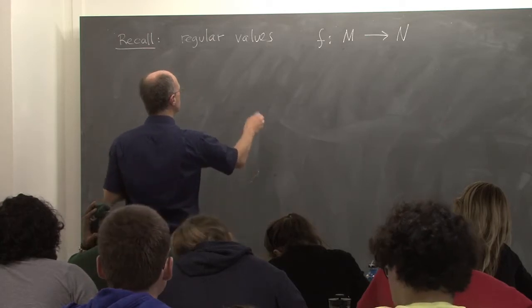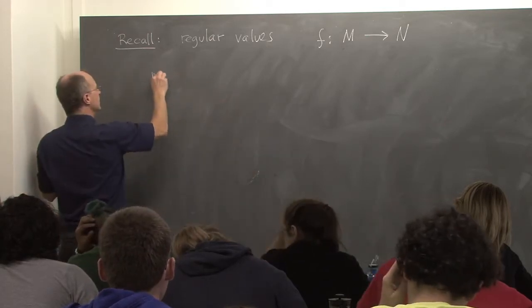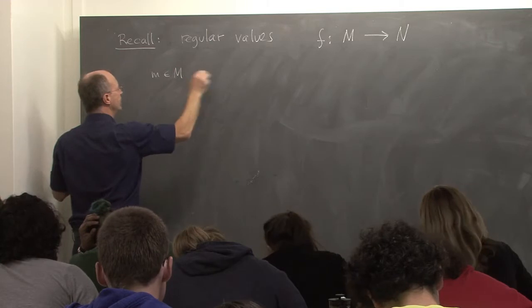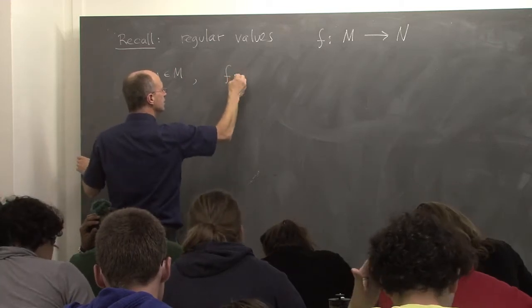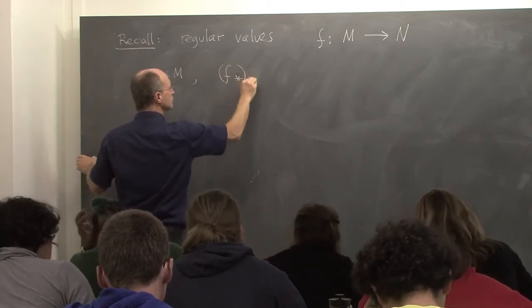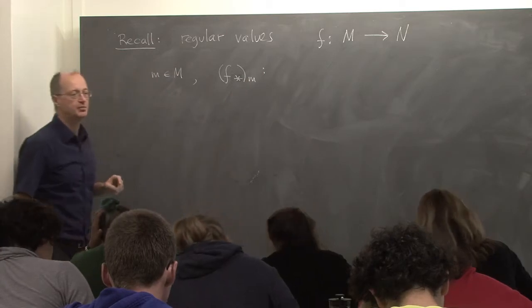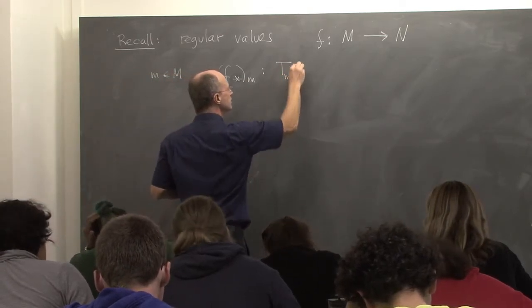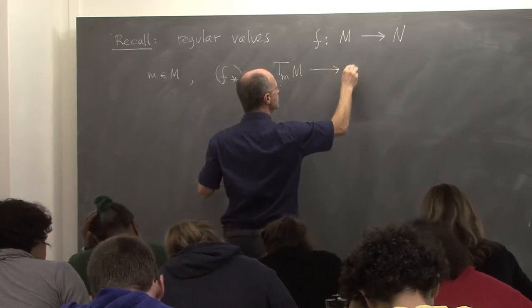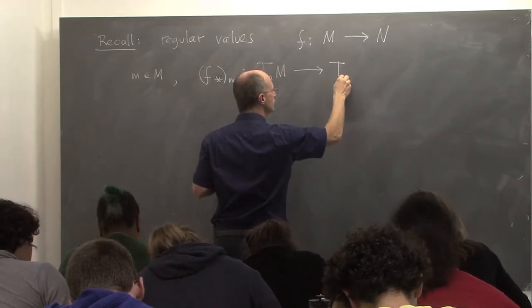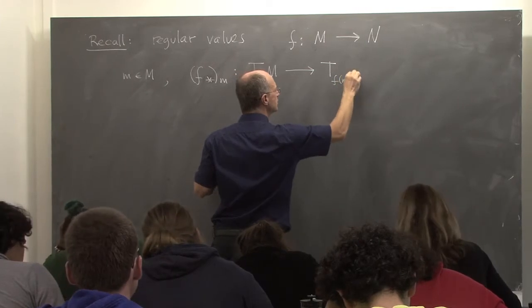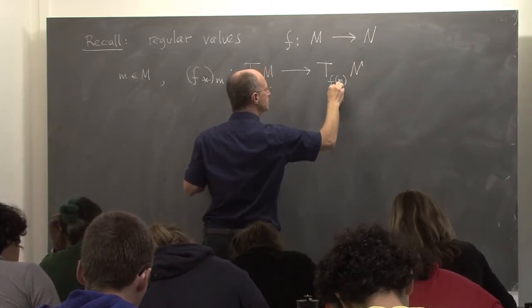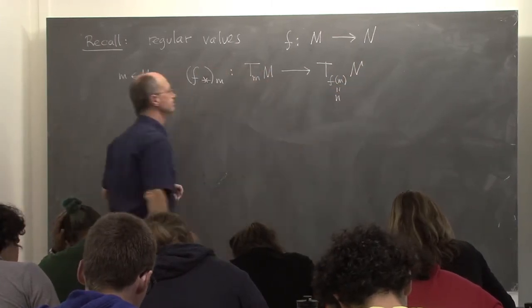And say if we fix a point of M, again, we have a map F star, which maps the tangent space to the source, to the tangent space of the target.